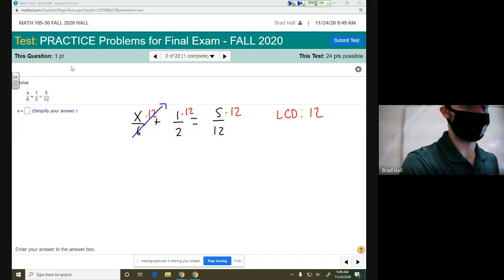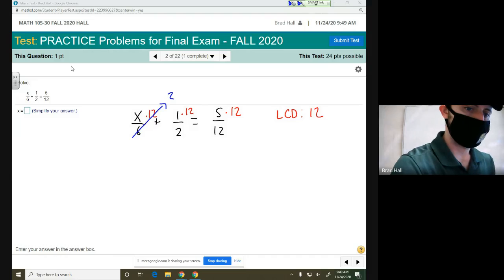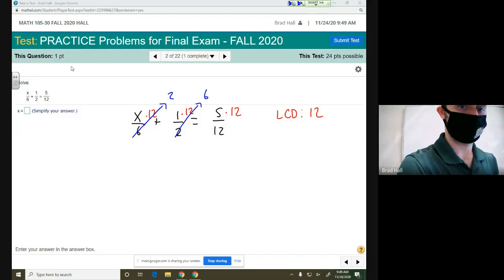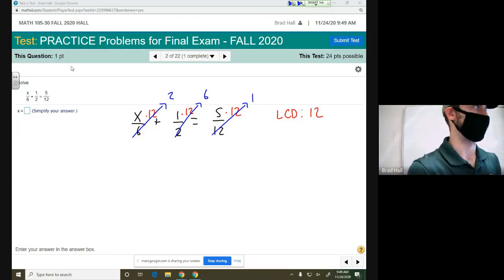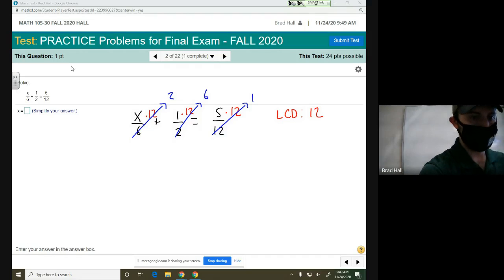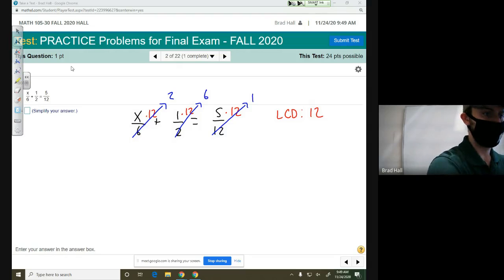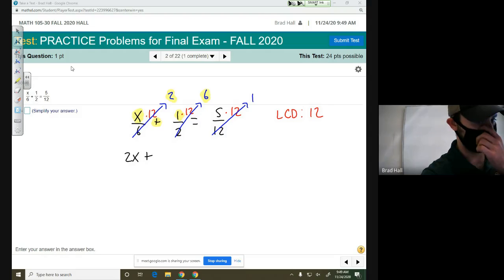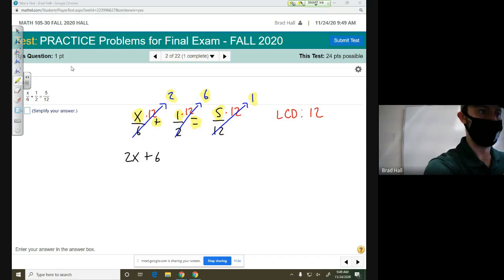So 12 divided by 6 is 2. 12 divided by 2 is 6. 12 divided by 12 is 1. So now we get what's left over: 2x plus 1 times 6, just 6, is equal to 5 times 1, just 5.